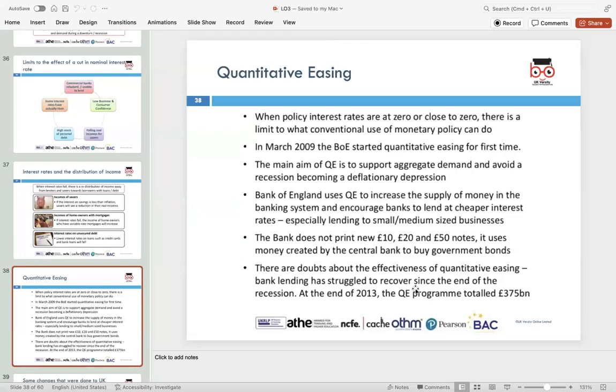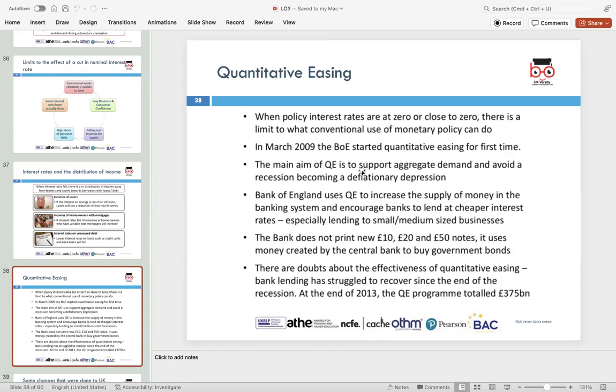Quantitative easing. When policy interest rates are at zero or very near to zero, there is a limit to what the traditional use of monetary policy can accomplish. The Bank of England initiated quantitative easing for the very first time in March of 2009.